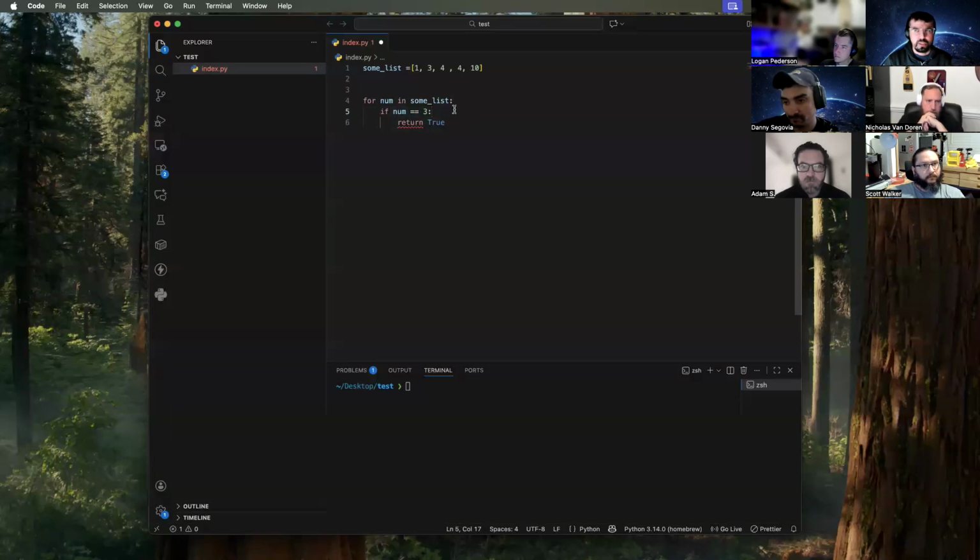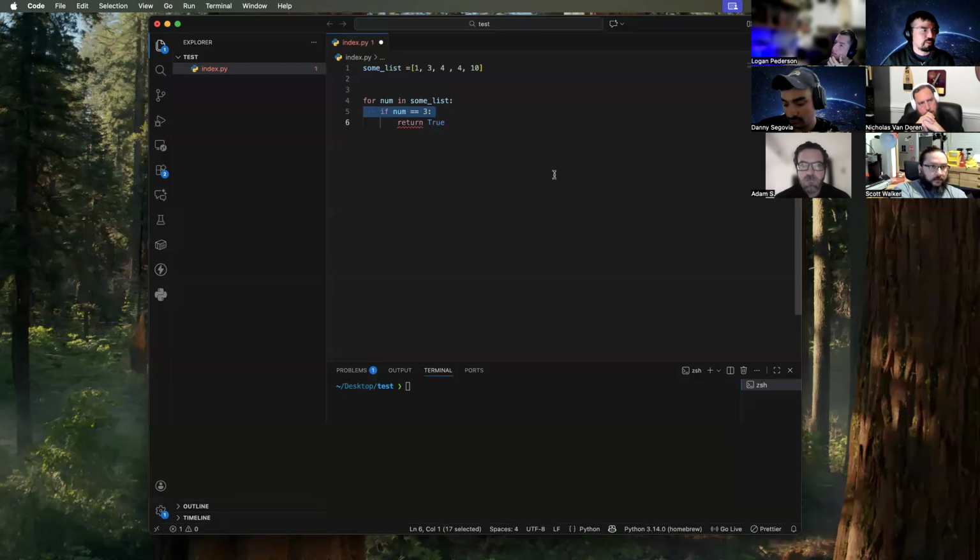Sometimes people won't know what this conditional does, right? Can anyone give me a function? Can anyone think of a Python function that's a linear search under the hood off the top of your head? Sort. No. In. Yes.